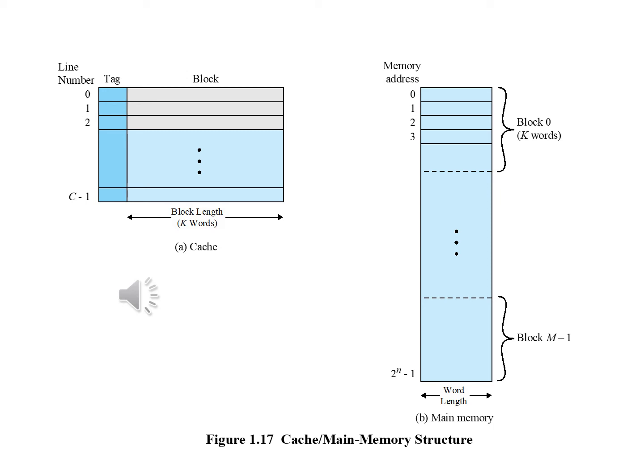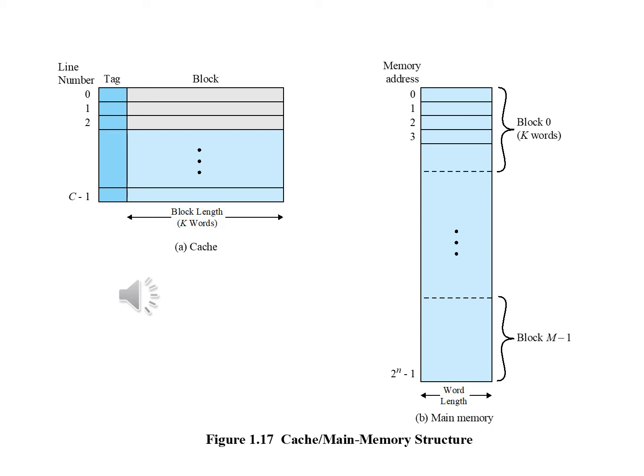That is, there are M = 2^n / k blocks. Cache consists of C blocks of k words each, and the number of slots is considerably less than the number of main memory blocks. Some subset of the blocks of main memory resides in the slots of the cache.